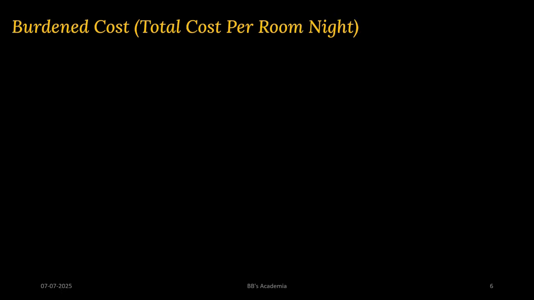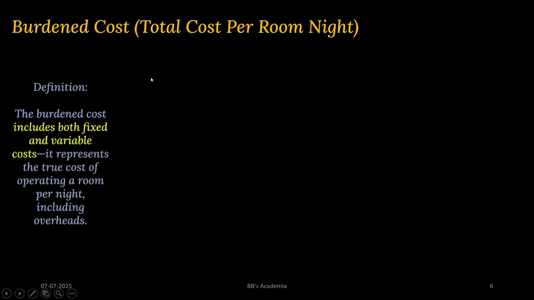There is another cost, which is known as burdened cost, or the total cost per room night. Earlier we discussed the variable cost. Now let us see. The burden cost includes both fixed and variable cost.